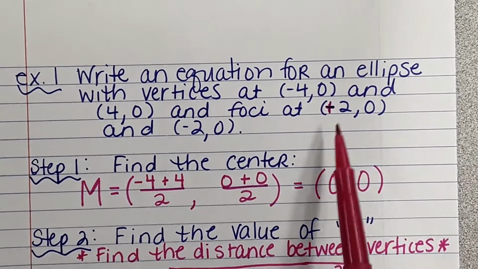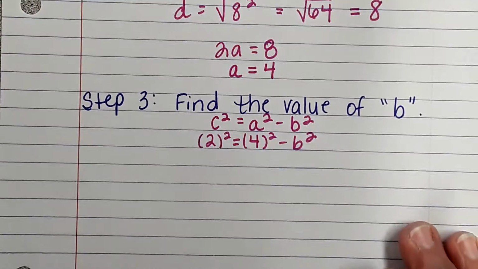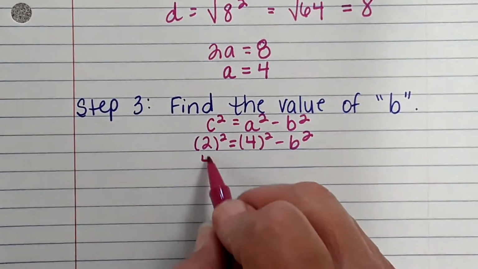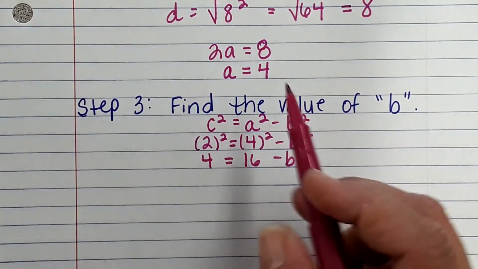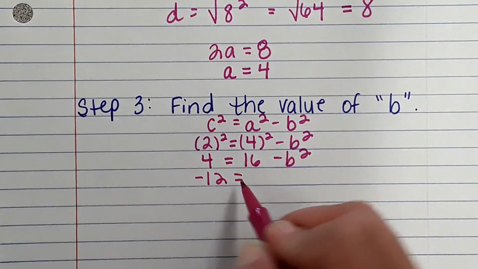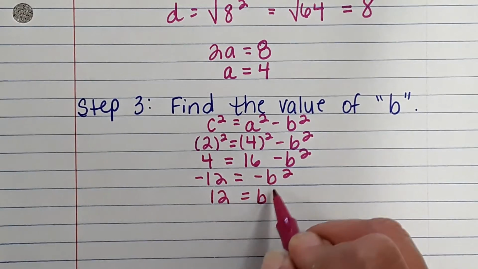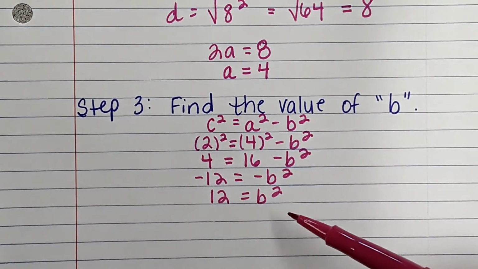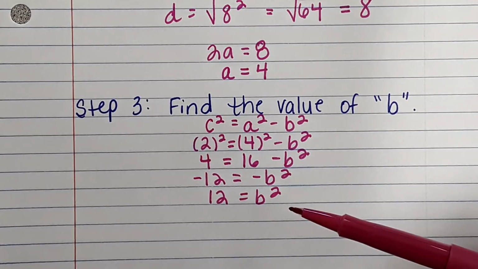Your foci is always going to be (c, 0) or (0, c). Now I'm going to solve this. 2 squared is 4. 4 squared is 16. I'm going to move 16 to both sides. I get negative 12 equals negative b squared. 12 equals b squared. Normally I would say take the square root, but because we need b squared in our equation, we leave it like that.